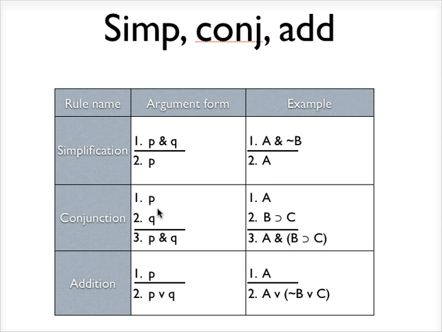Conjunction kind of goes the other way around. Conjunction says that if I have a statement P and if I have a statement Q on two separate lines of my proof, then I can infer on some next line of my proof the conjunction P and Q. So if you tell me that the grass is green on the one hand, and then you tell me on the other hand, the sky is blue, then I can assert that the grass is green and the sky is blue.